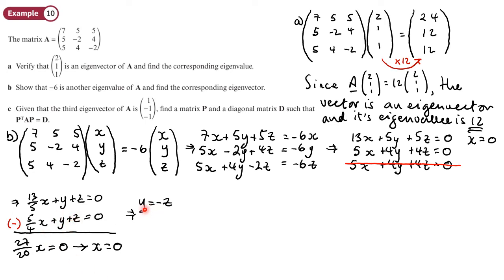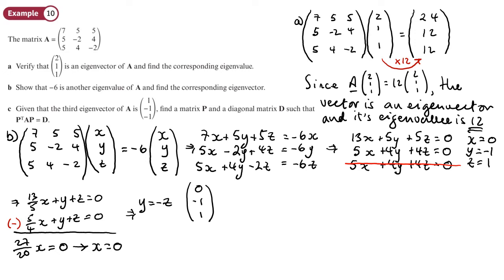So I could make z equal to 1, and then y would be negative 1. So that will give us this eigenvector 0, negative 1, 1.